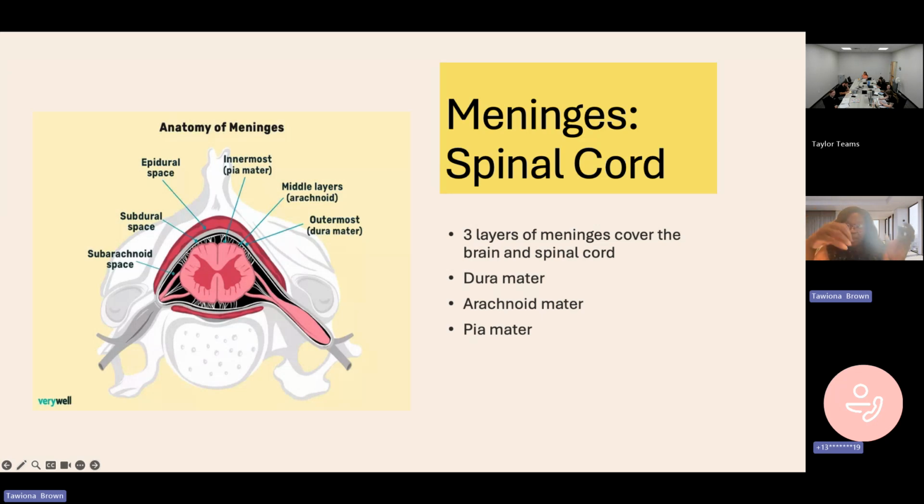Those become a part of the waste system to remove waste from blood within the brain. That's just an overview of its function, but I'm not having you dig into the weeds on that. And then you have the pia mater, which is pretty much directly connected to your brain tissue.